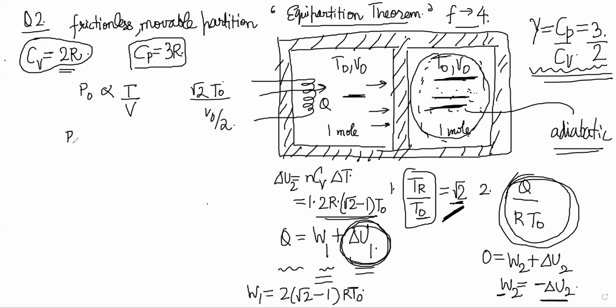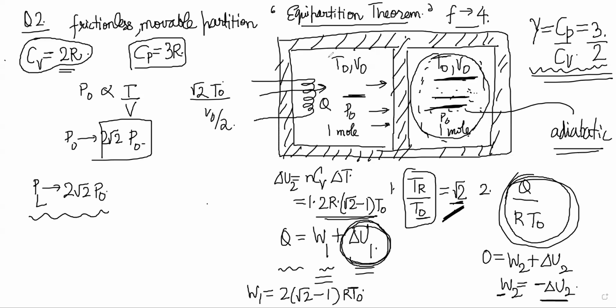So pressure has become 2 root 2 times the original. So if the initial pressure was P naught on both sides, it is 2 root 2 P naught now, right? Because it is in equilibrium, final pressure on the left is also 2 root 2 P naught, right?